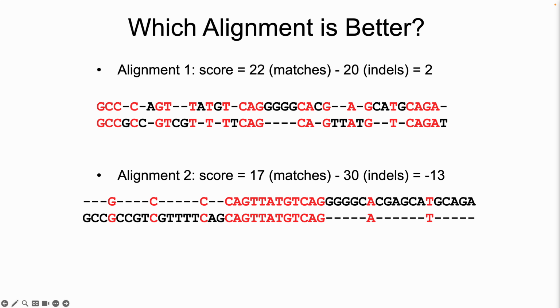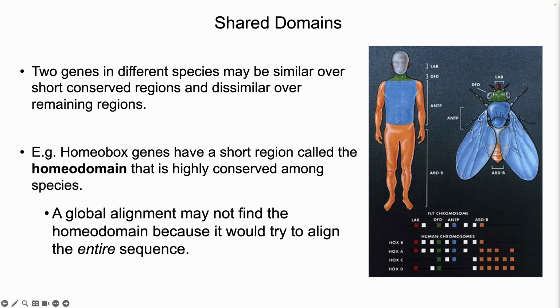The real answer to this is you can't tell computationally. Most biologists would probably say alignment 2 tells me something about biology. That is a conserved domain, right? Maybe it's a DNA binding domain, something like that. So this is the classic example: homeobox genes, or Hox genes.